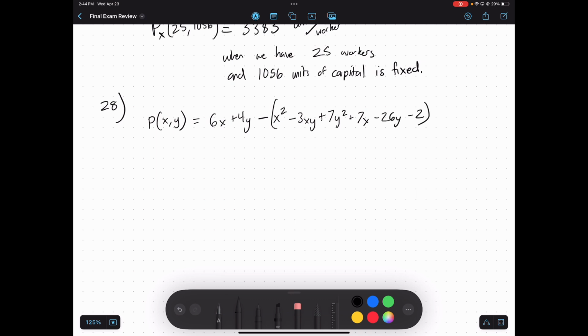Simplify all this, and I get negative x squared plus 3xy minus 7y squared minus x plus 30y plus 2. That's when I combine all my like terms. That's my profit function.